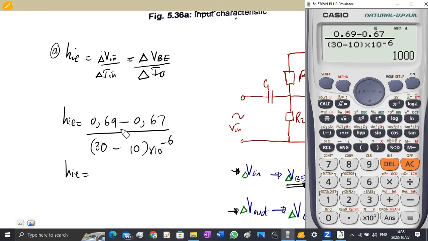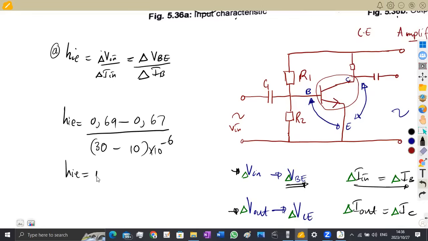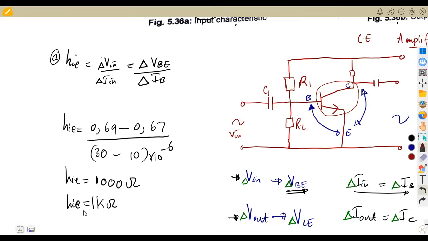So that's 1000 ohms in this case. Remember, this is input impedance. So that's 1000 ohms, which is approximately, or you can just write as 1 kilo ohm. So that is what we are going to have at the input impedance of a common emitter amplifier.